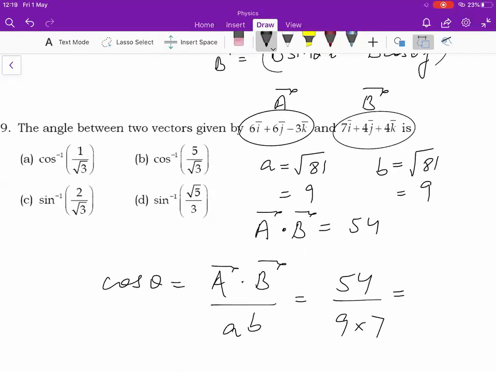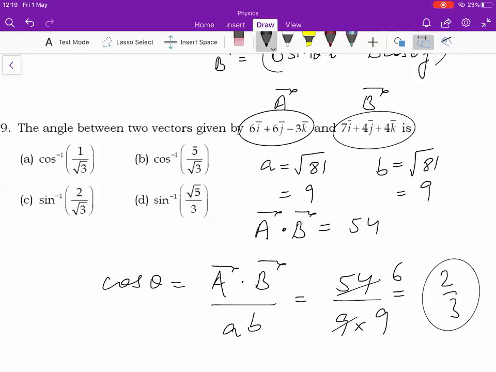Yes, sir. तो इससे क्या आएगा? 54 by this thing. 2 by 3. 6 by 7 आएगा ना? No, sir, it is 9 into 9, sir. I wrote it wrong. This is actually 9. So 2 by 3. Yes, sir.